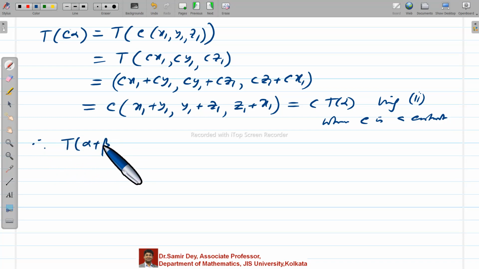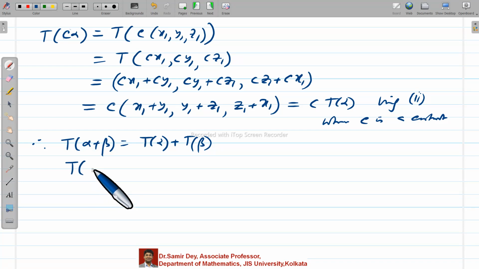T of alpha plus beta is equal to T alpha plus T beta, and here you have proved T of C alpha is equal to C T alpha. So both conditions are satisfied.